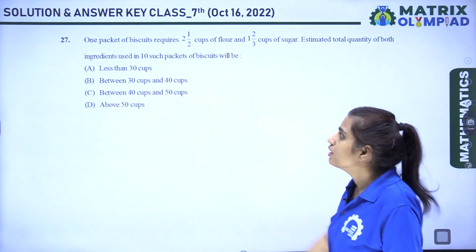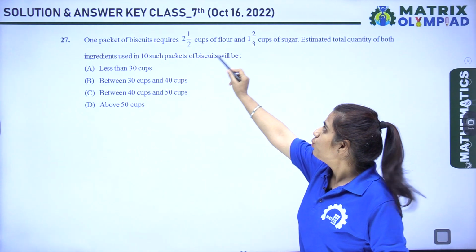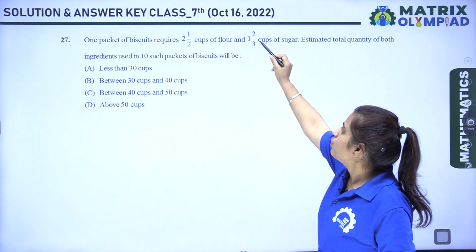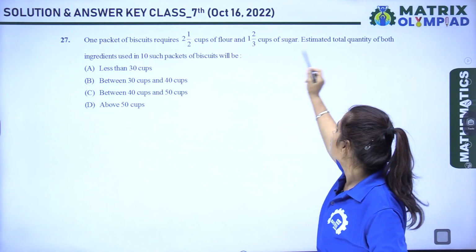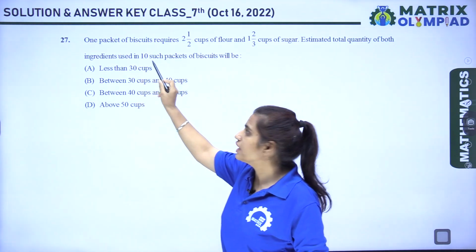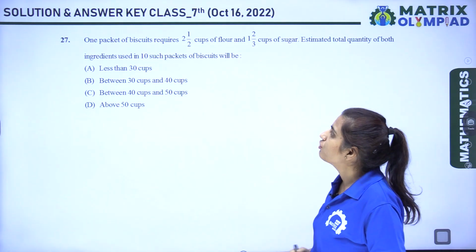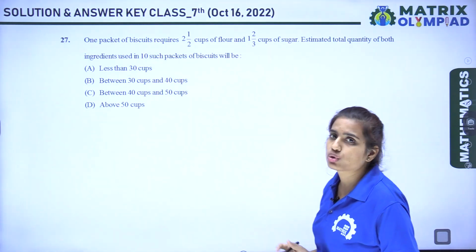Next one is, 1 packet of biscuits requires 1 upon 2 cups of flour and 2 upon 3 cups of sugar. Estimate the total quantity of both ingredients used in 10 such packets of biscuits. Now we have to estimate the total quantity.